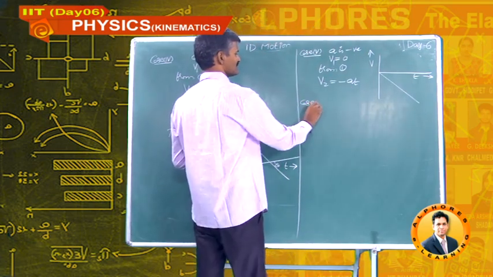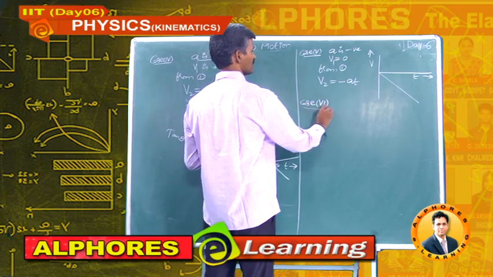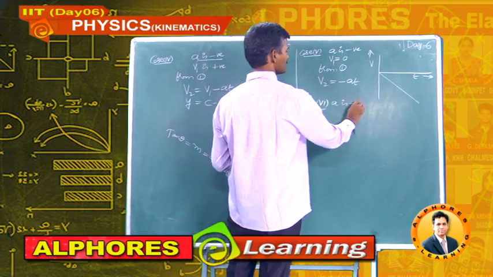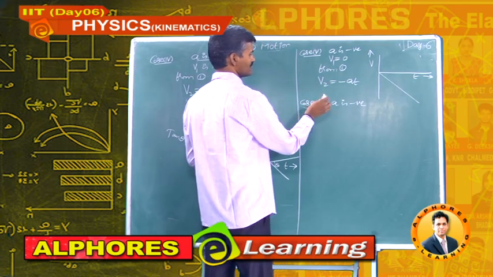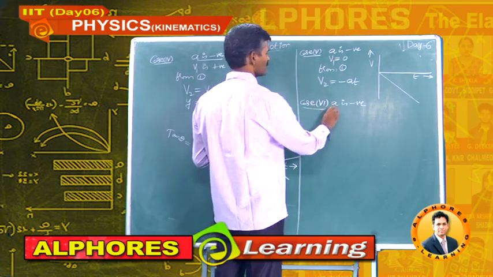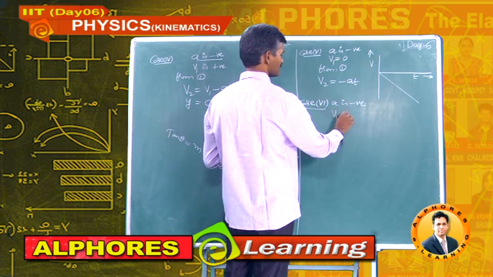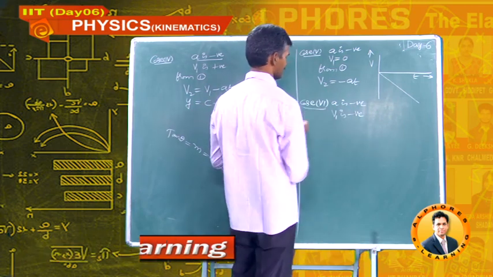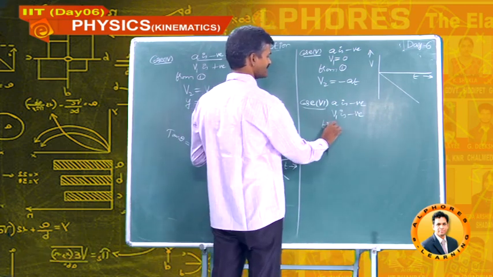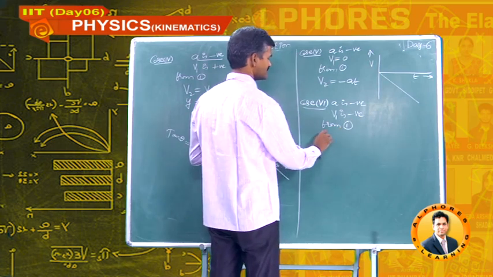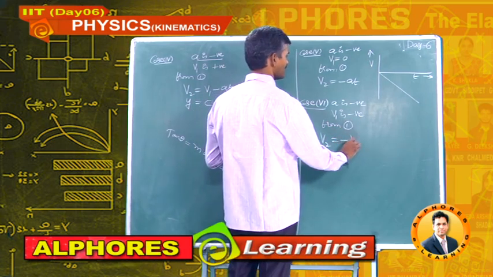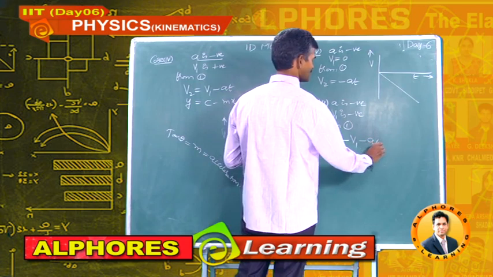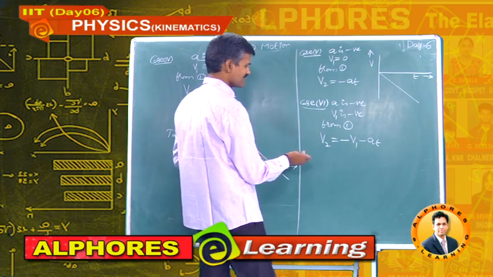Similarly, case 6: acceleration is negative, and v1 is also negative. From 1 you can write this v2 as minus v1 minus at. What is the function?